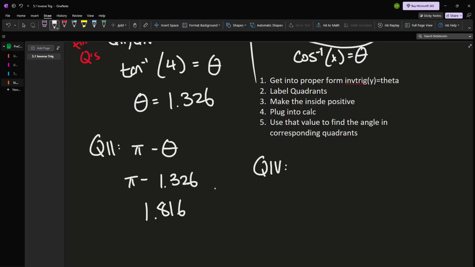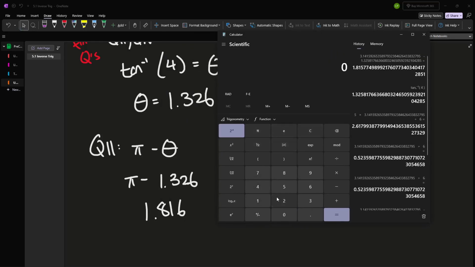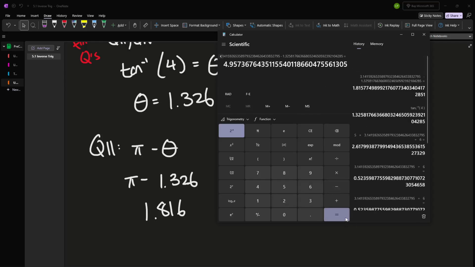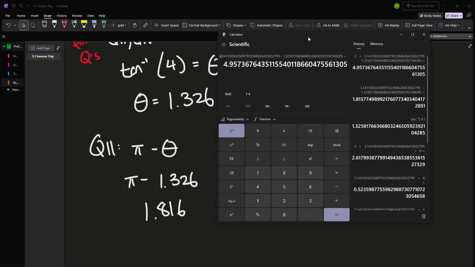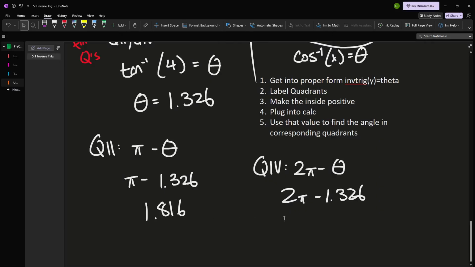Quadrant 4 is 2 pi minus theta. 2 pi minus 1.326 gives me 4.957.